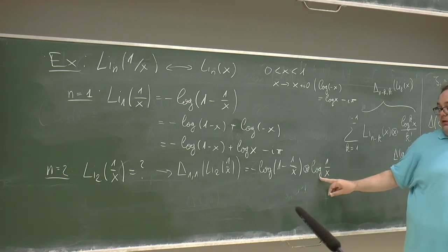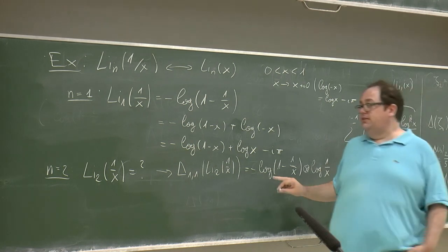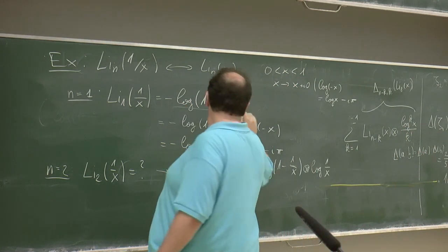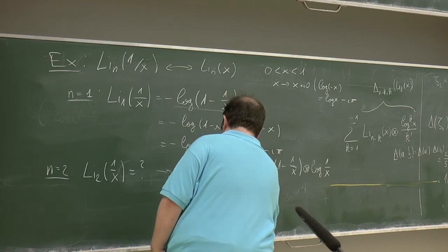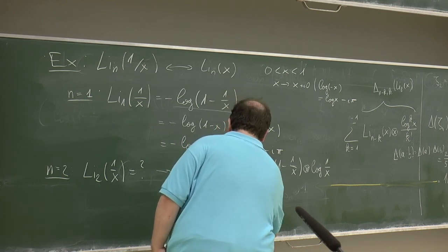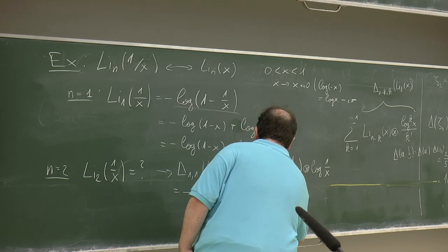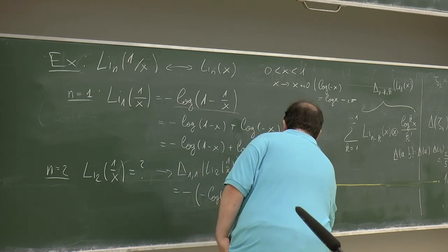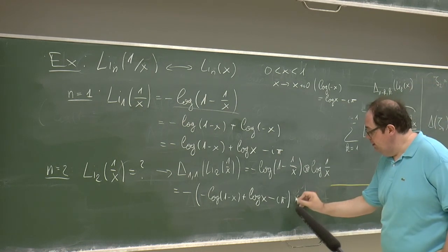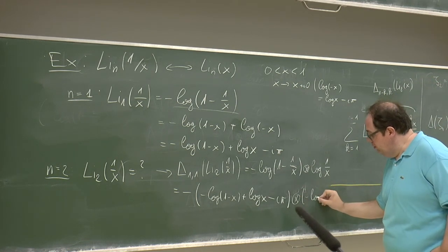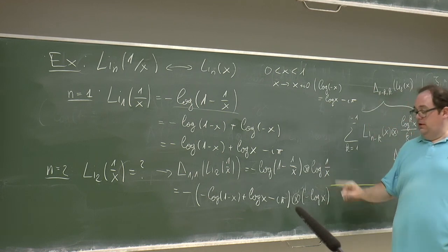But those guys I don't know how to handle. The first guy is precisely the one I had here. So this is minus log 1 minus x plus log x minus I pi. The second guy is just minus log 1 over x, minus log x.